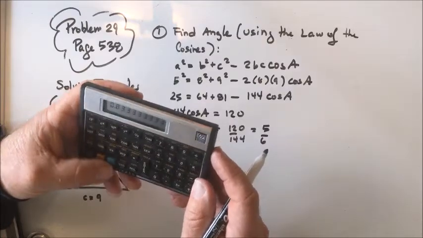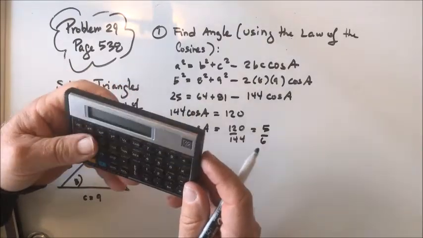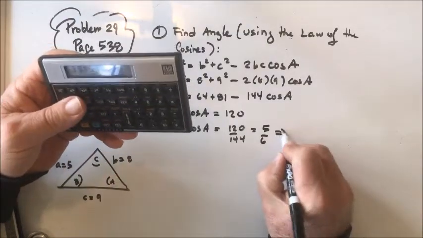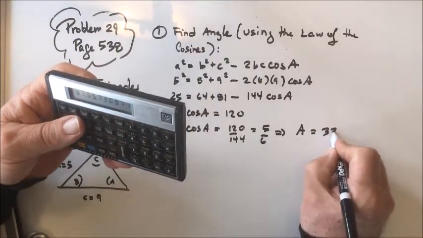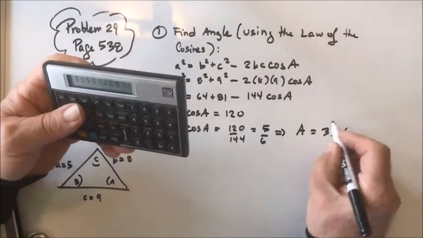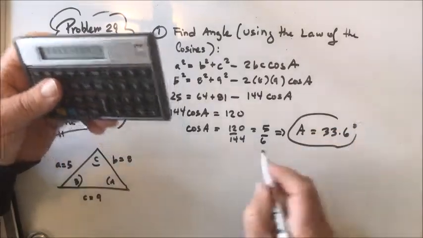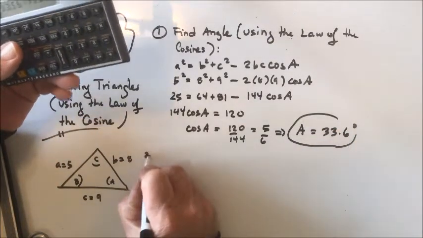I'm going to take the arc cosine, and I'm going to get that angle A is equal to 33.6 degrees.